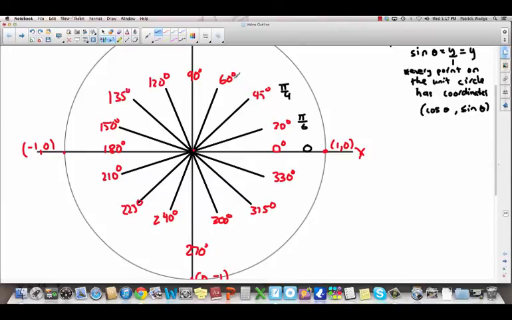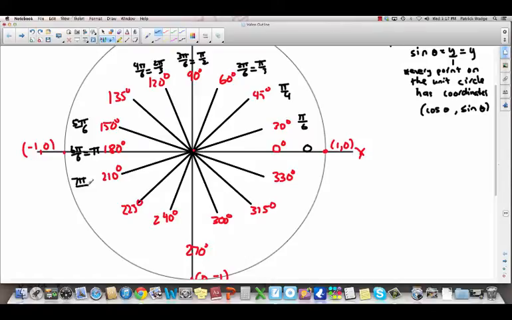Twice that amount, when you get to 60 degrees, wouldn't be 1 pi over 6, but 2 pi over 6, which simplifies to pi over 3. 90 degrees would be 3 of these, 3 pi over 6, which simplifies to pi over 2. 120 would be 4 pi over 6, 2 pi over 3. 150, make sure you skip that one, 150 would be 5 pi over 6. 180 would be 6 pi over 6, which is the same as pi.